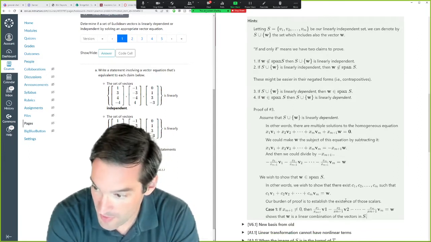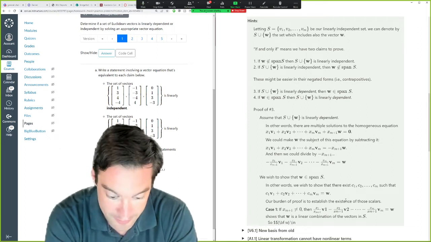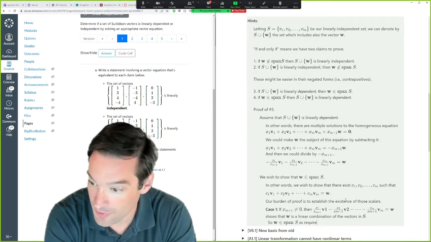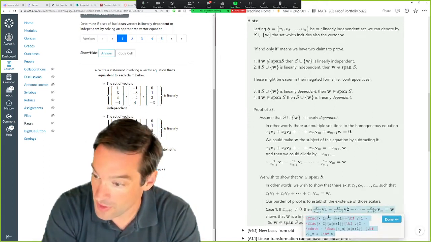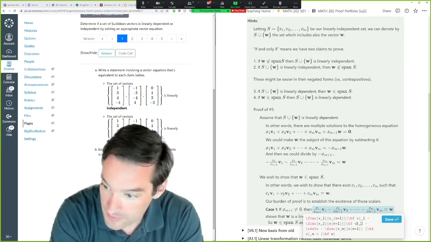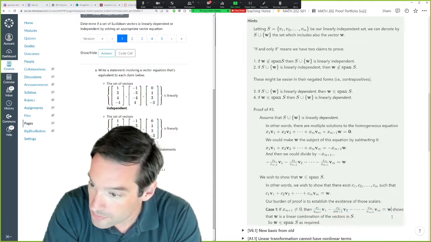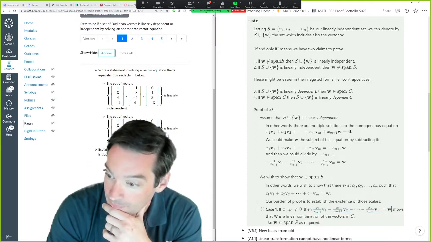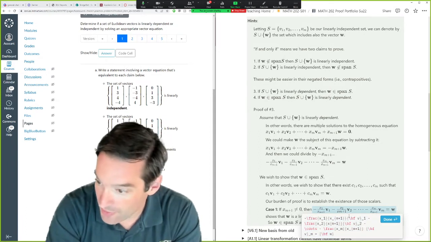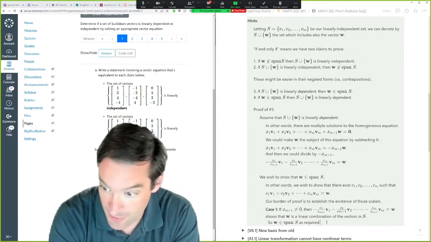I suppose I should spell that out just a little bit more. So W belongs to the span. That is, after all, what span is. It's the set of all linear combinations. So as long as that coefficient that we end up needing to divide by is non-zero, then we are in good shape. We've shown that W is a linear combination of the vectors in S.